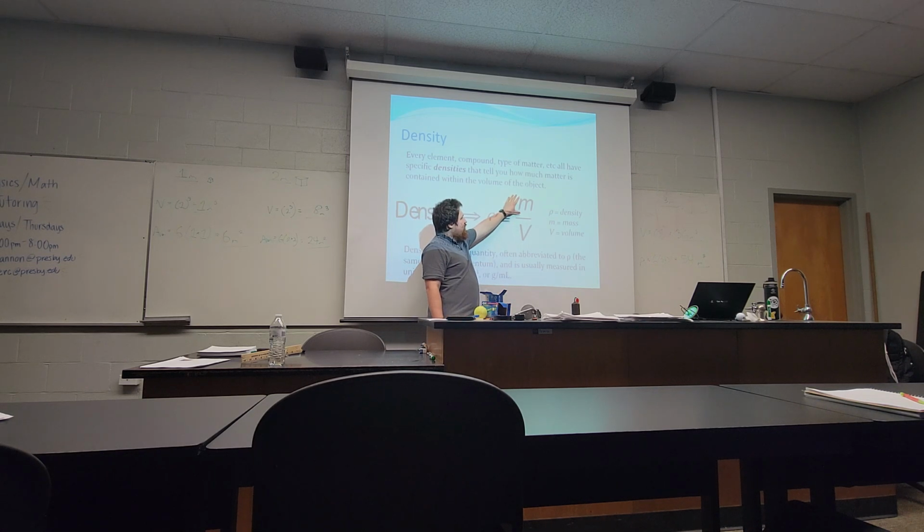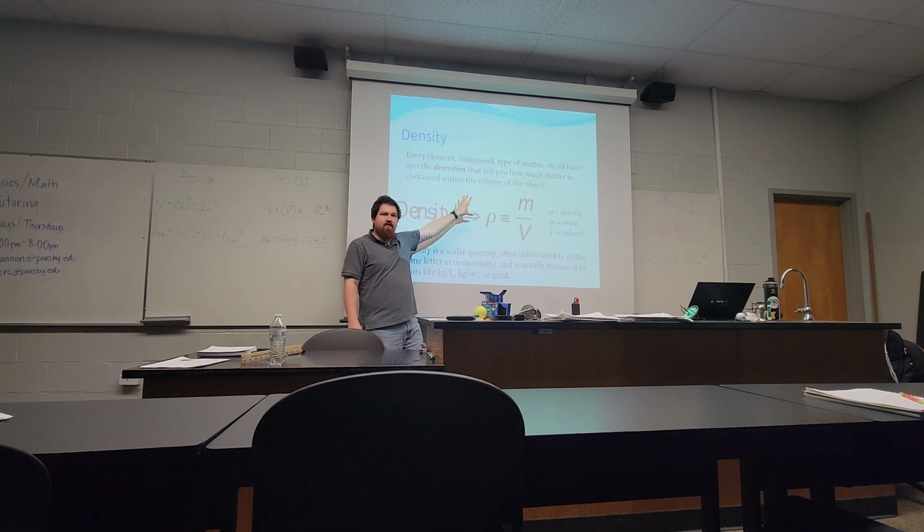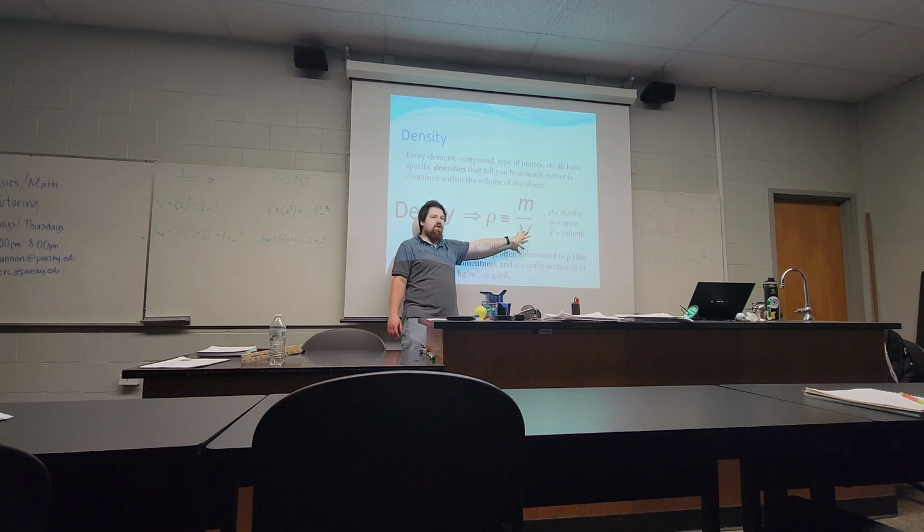If you've got 1 kilogram of water, it takes up 1 meter cubed of space. Its density is 1 kilogram per meter cubed. If you increased your volume to 2 meters cubed, you'd have 2 kilograms of water. The density stays constant as long as it's the same type of material.